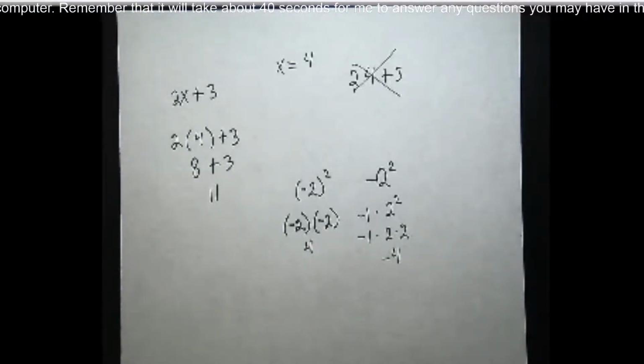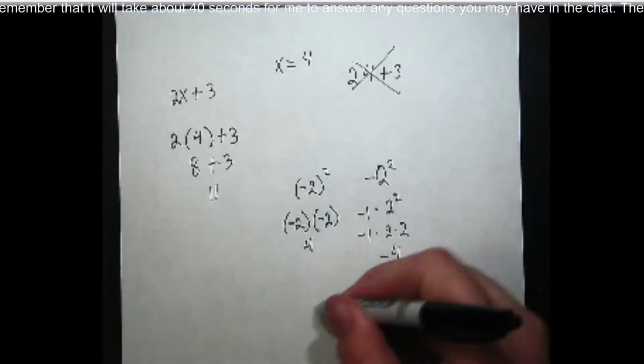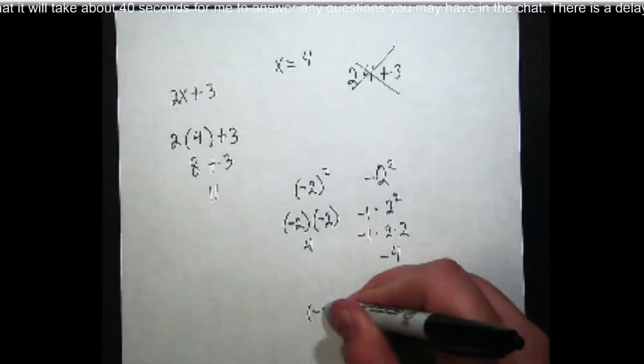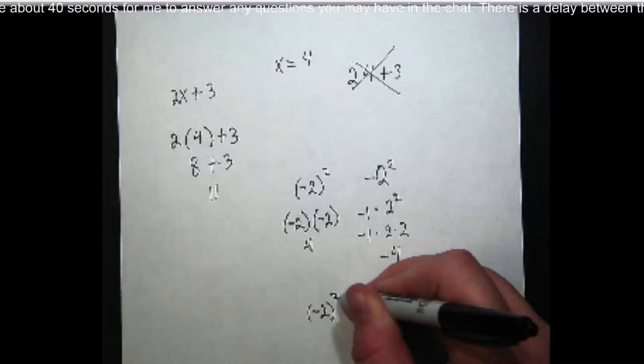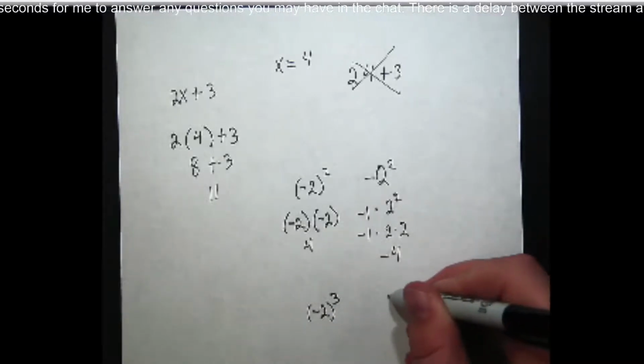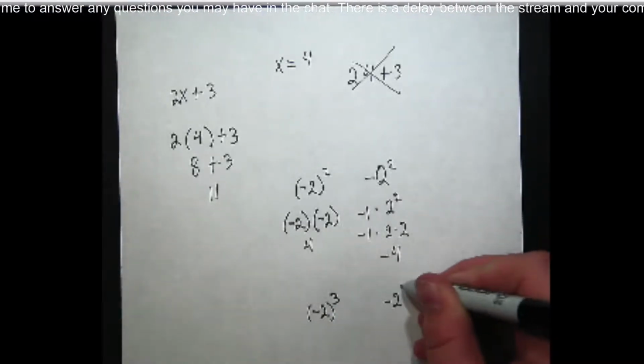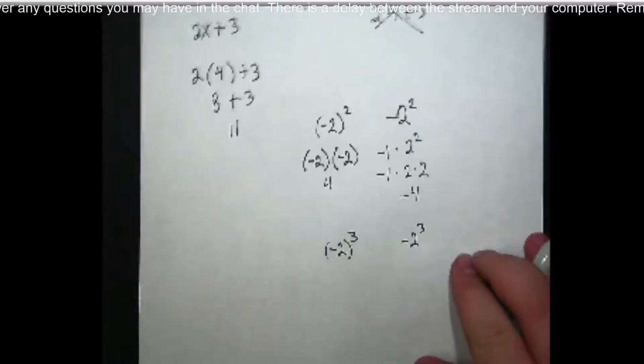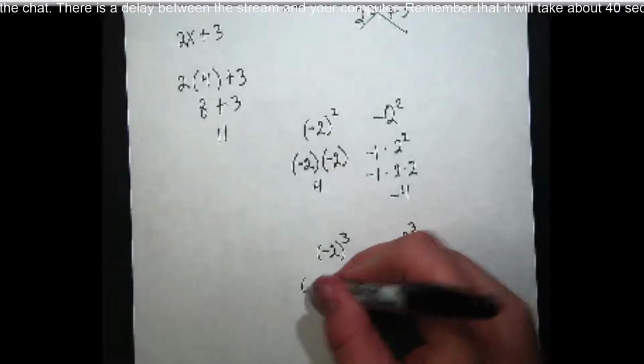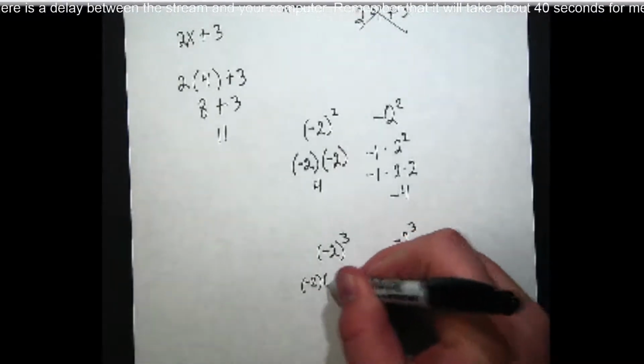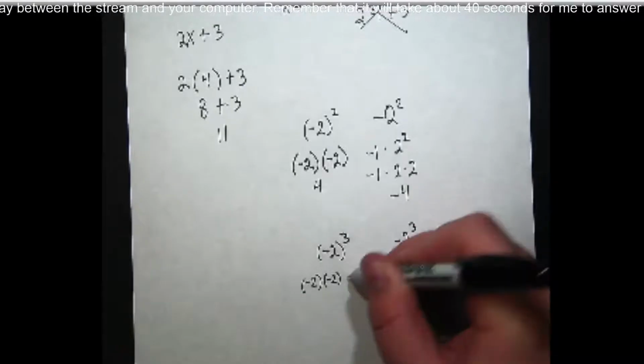If we think about -2 quantity cubed versus -2 cubed, and expand that out, this would be -2 times -2 times -2.